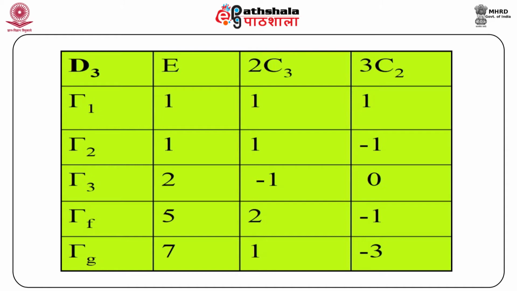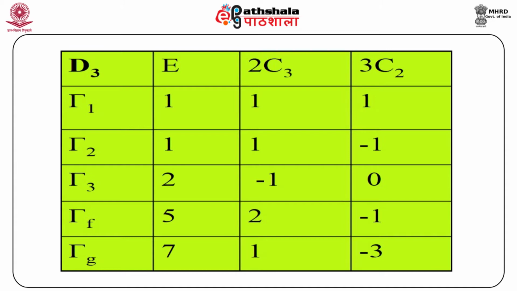I label these irreducible representations of the D3 point group as tau 1, tau 2, tau 3. These are the three irreducible representations of the D3 point group. My aim now will be to reduce the reducible representations tau F and tau G into these irreducible representations.